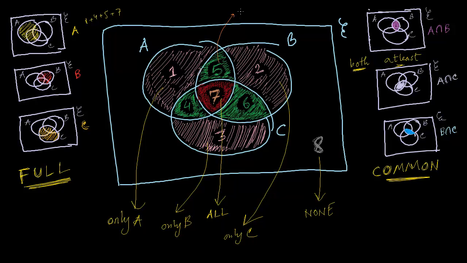So this region means only A and B. This region over here means only A and C. And this region, region 6, denotes only B and C. So there is a major difference between only A and B, which is region 5, and at least A and B, which is both the regions 5 and 7. Or if they mention both A and B, that also means regions 5 and 7. So that is very, very important.